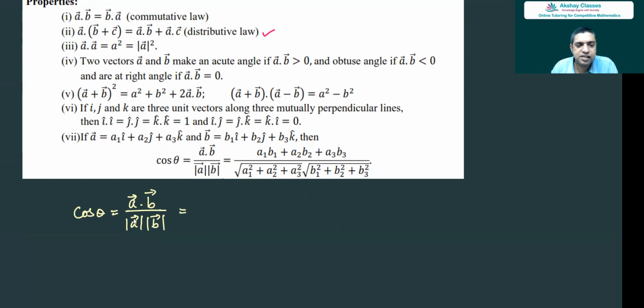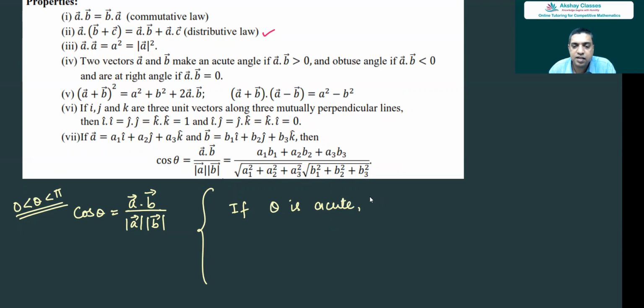So what we get is, now if angle is acute angle, cos theta, theta varies from 0 to pi, that much we know. Now if theta lies between 0 and pi by 2, cos theta will be positive. So if theta is acute, then cos theta is positive, which means, look at the right side, the denominators are modulus, so they will always be positive.